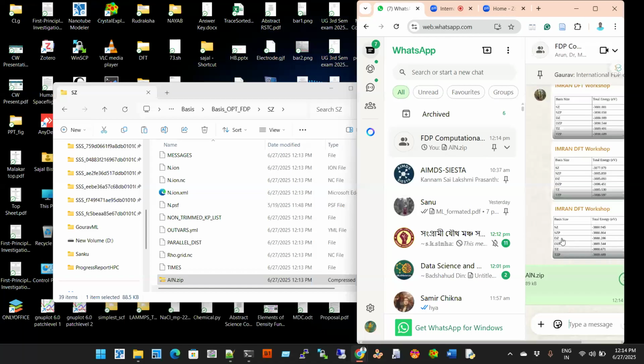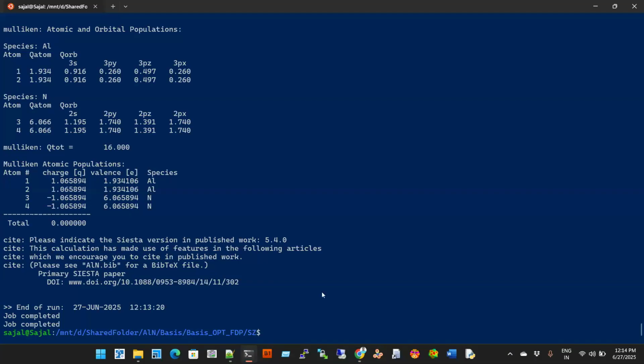Please try to unzip the file and try to run this. Since my calculation has been completed, I want to find out the total energy. We want to use the grep command.